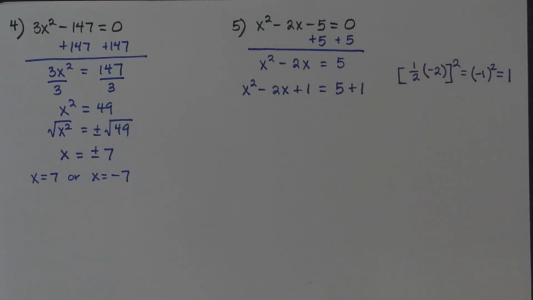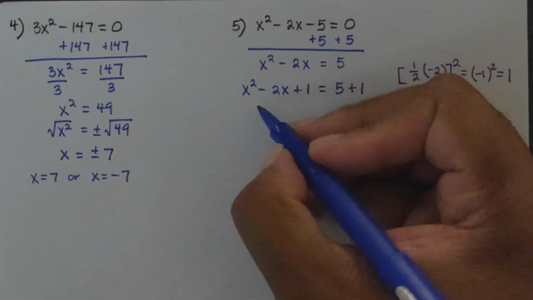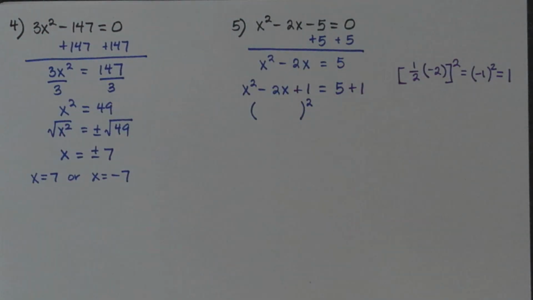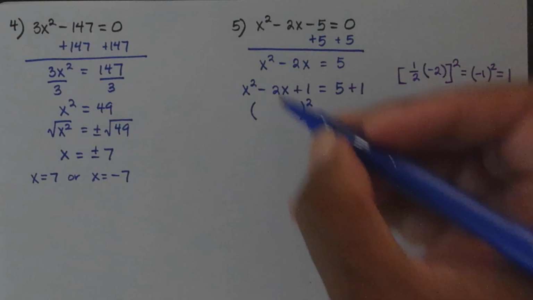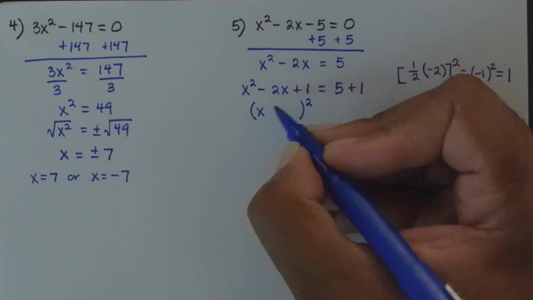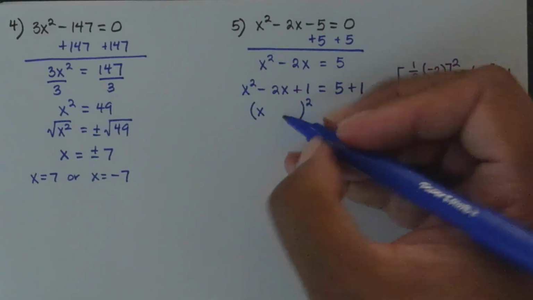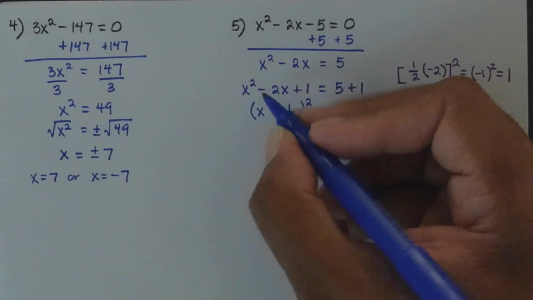The left side is a perfect square trinomial that I can factor as the square of a binomial. The x squared, I know is going to be x, and if I take 1/2 of 2, that's going to be a 1.